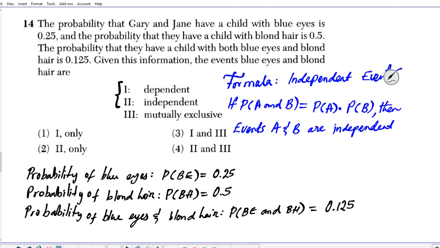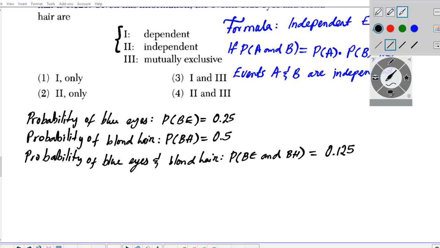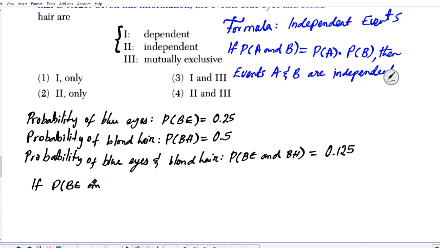Okay? So the question is, are these two events independent or not? So let's go ahead and test it out using this formula we just talked about here, but we're going to adapt it to this scenario. So if the probability of blue eyes and blue hair, that the child has both of them, is equal to the probability of blue eyes multiplied by the probability of blue hair.